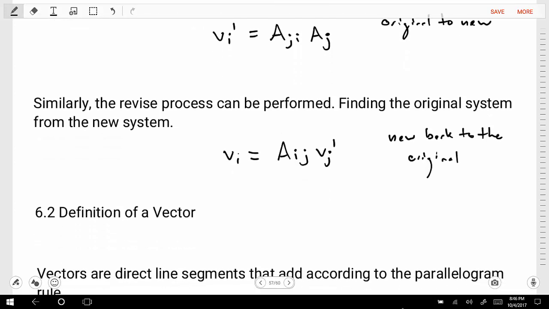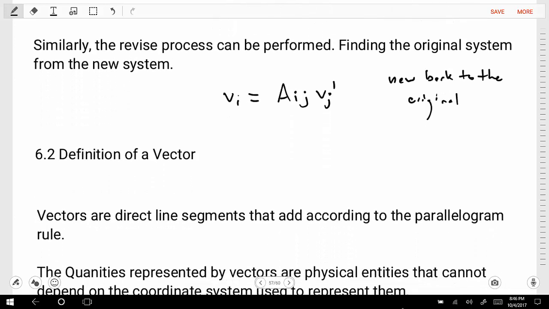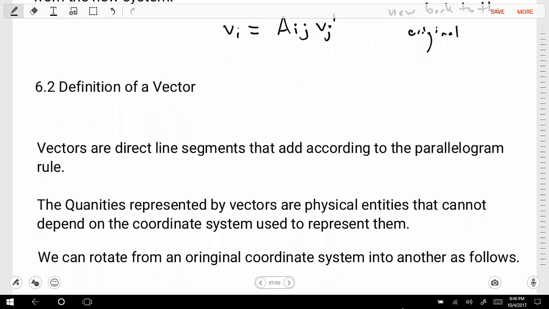So now let's go into section 6.2, which is the definition of a vector. Vectors we've used a lot. Vectors are line segments that act according to the parallelogram rule, right?